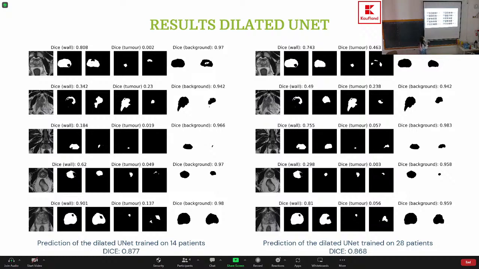And we received the dice of 0.877, and for 28 patients, 0.868. Now, I think it gives a little bit less for the 28, maybe because the training is only on 40 epochs and we didn't have time to see distinct features in the other patients.